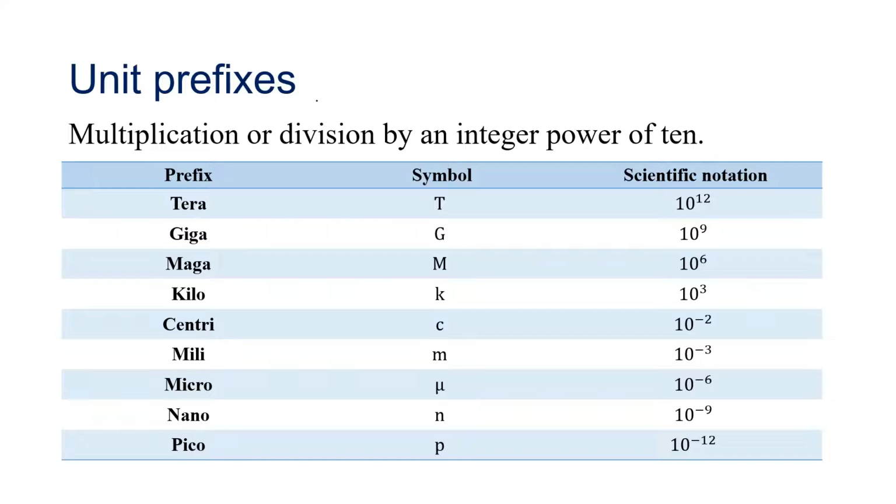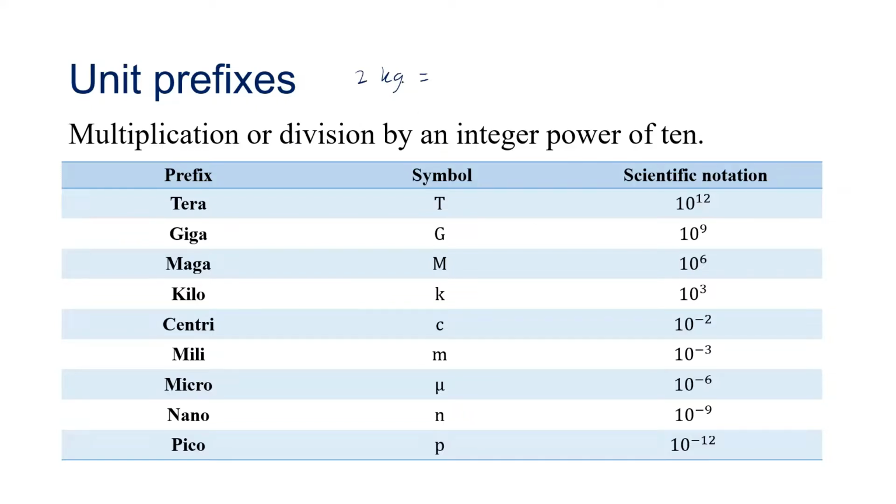Now, this is the unit prefix. This is just a multiplication or division by an integer power of 10. Here you can see this is what we call scientific notation. Now we replace this scientific notation with a given symbol. For example, 2 kg: you can see this k is kilo.